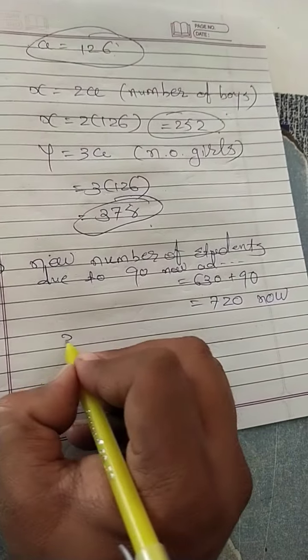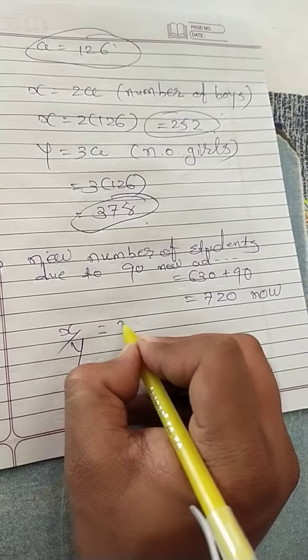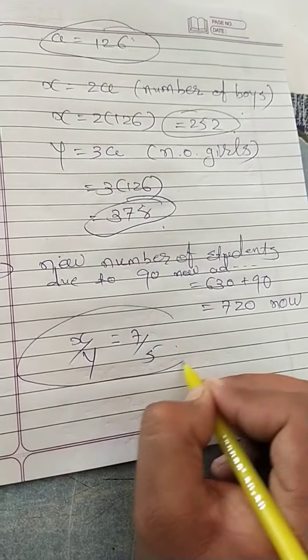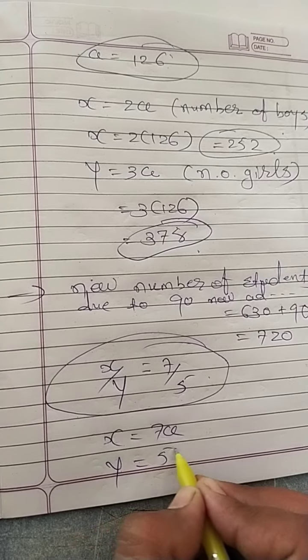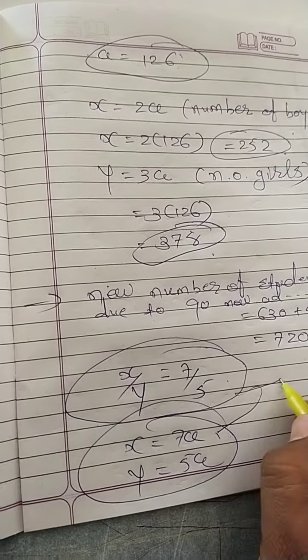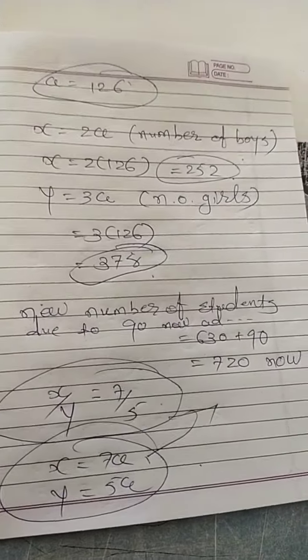And the ratio x upon y becomes 7:5. Again you can take x is equal to 7a, y is equal to 5a, and then you can calculate the number of boys and girls separately.